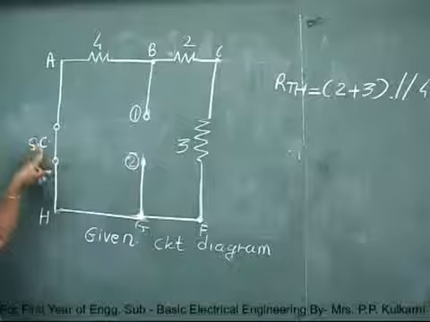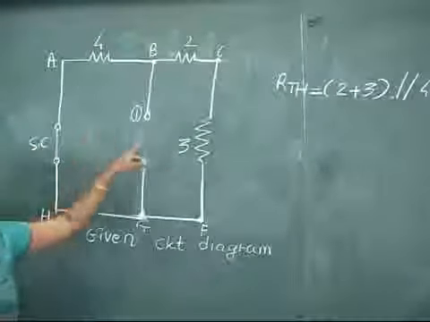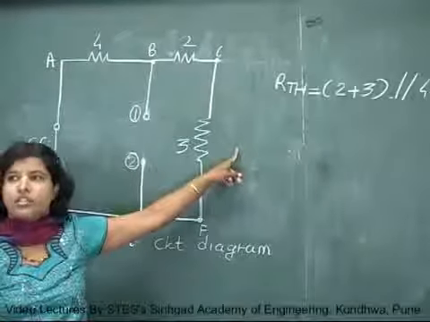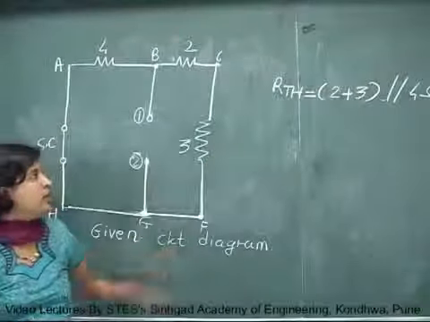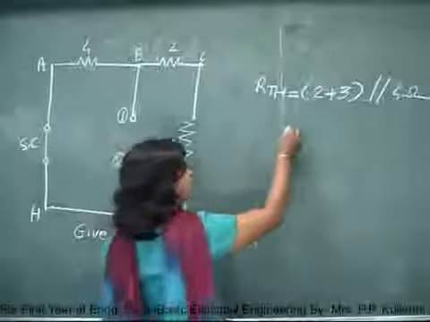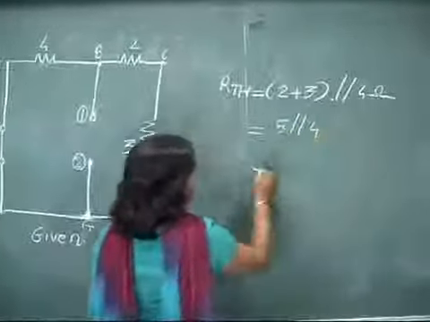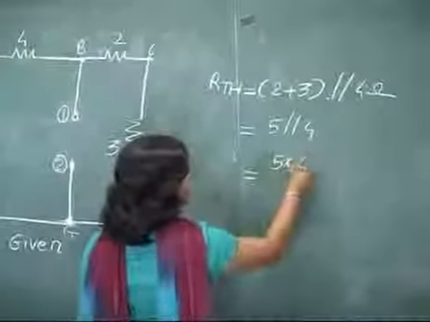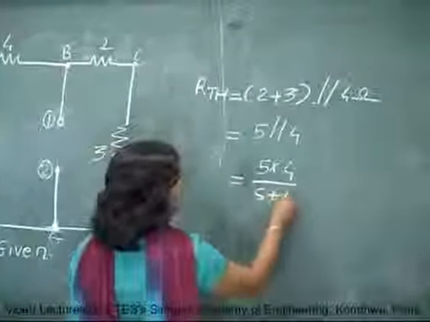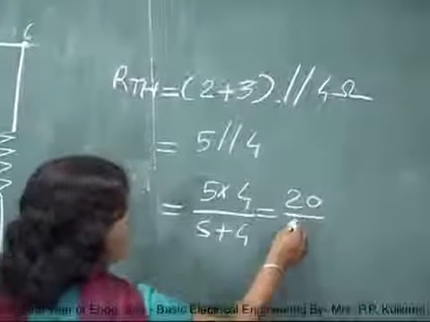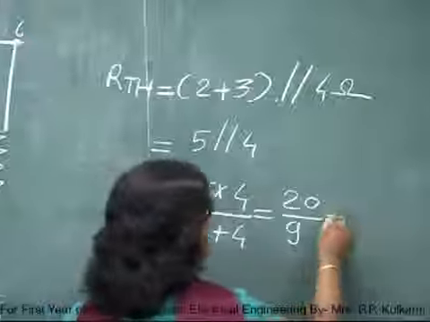Voltage source should be replaced by a short circuit and current source by an open circuit if their internal resistances are not specified. So how much equivalent resistance are we getting here? 5 in parallel with 4, which is 5 into 4 divided by 5 plus 4. So this becomes 20 divided by 9.